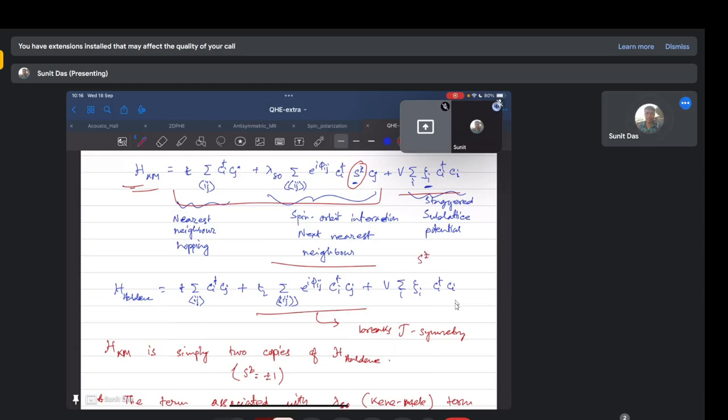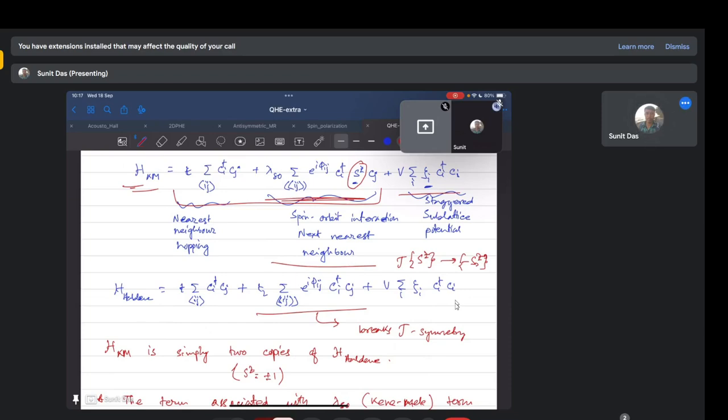So Sz under time reversal symmetry will go to minus Sz. And the reason, as we explained, is that it is kind of an angular momentum, and angular momentum direction changes under time reversal symmetry. So this whole term without Sz breaks time reversal symmetry, but then Sz also changes sign. So effectively the time reversal symmetry remains intact. Okay, so that is the essence.